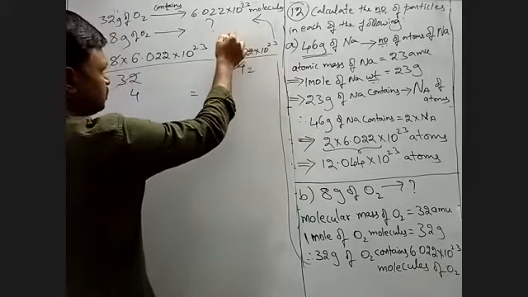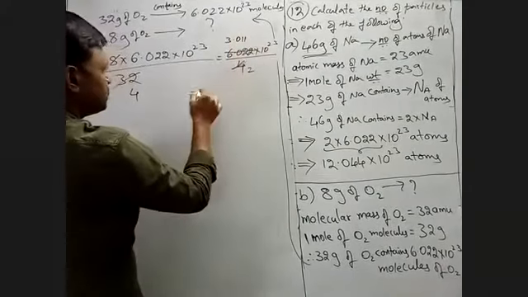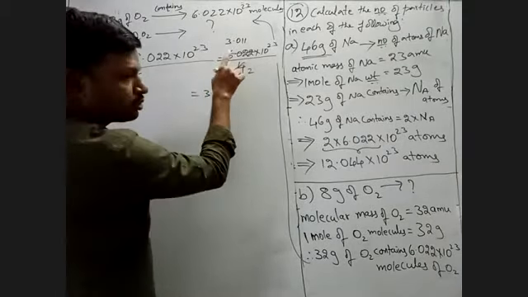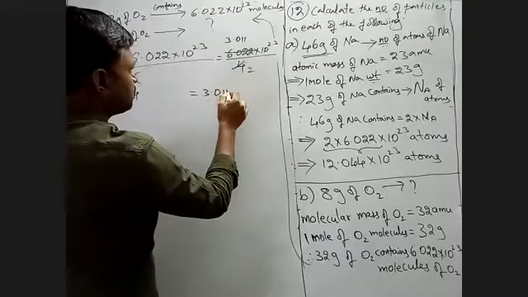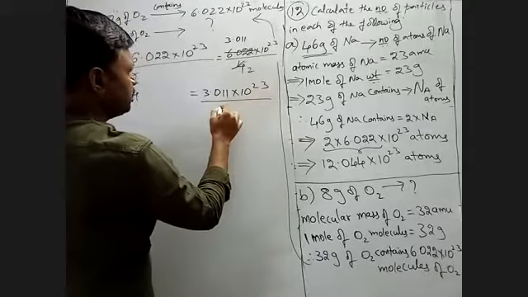By 4 roughly we will get 2 twos, so that is equal to 3.01 into 10 power 23 divided by 2.